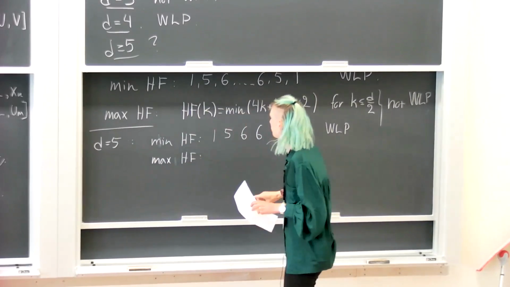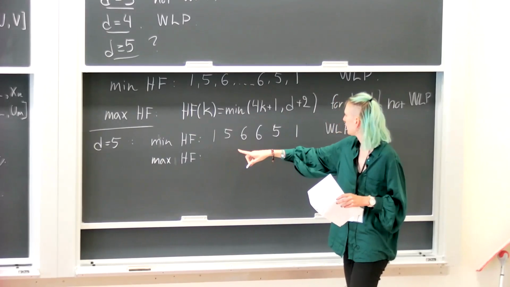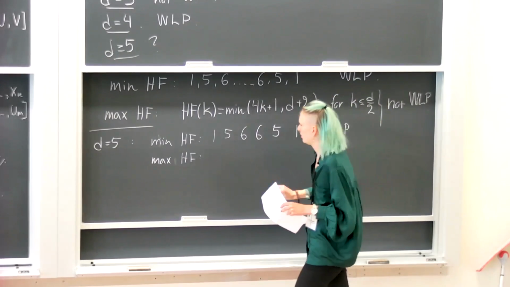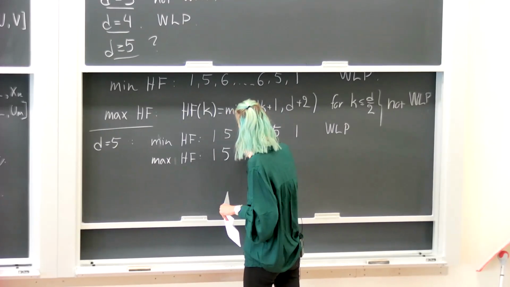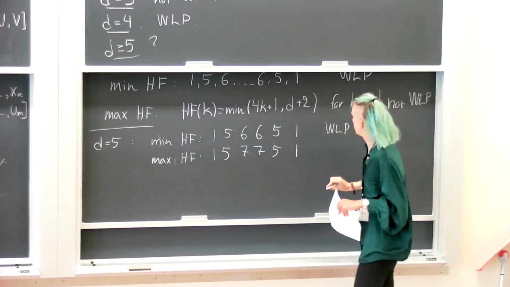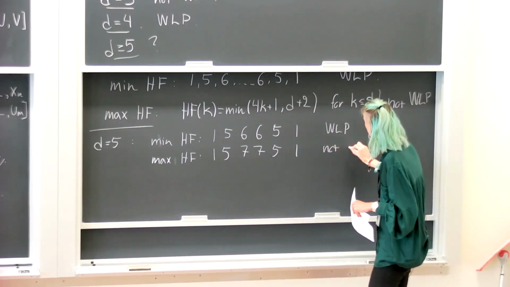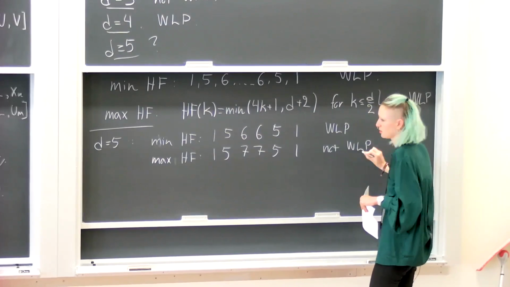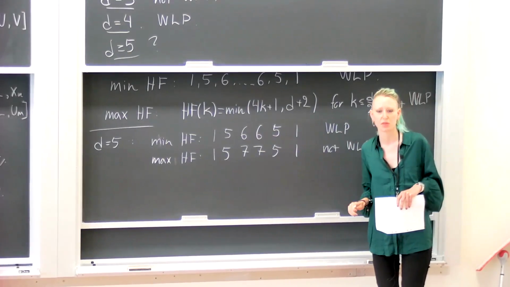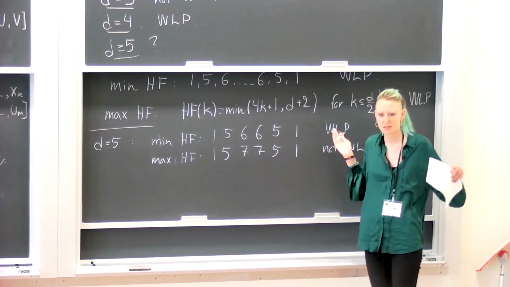And the maximal Hilbert function, it's not allowed to go above 7. That one does not have the WLP. And as you can see, it's impossible to have anything between those two. So in this case, we are done.